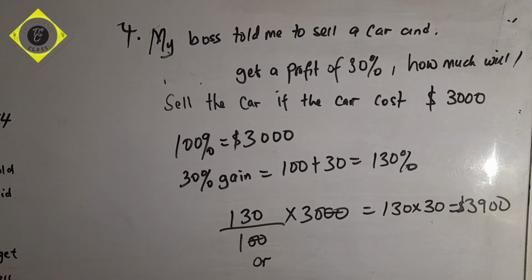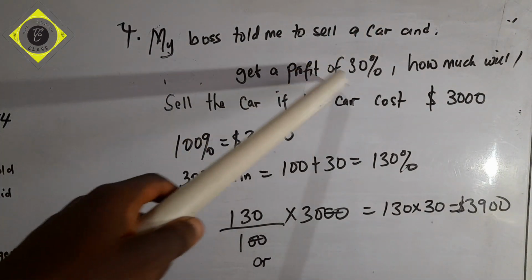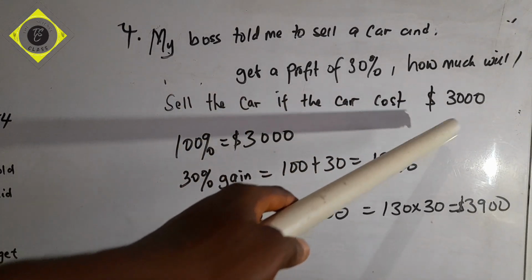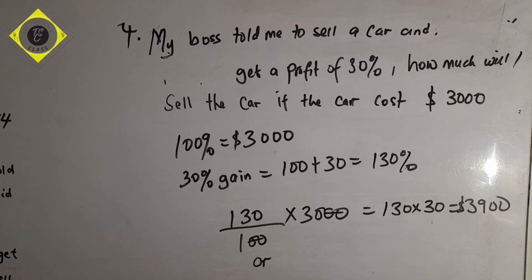So in this example, my boss told me to sell a car and get a profit of 30%. How much will I sell the car if the cost price is $3,000? Now, in the last example we solved, I told you that 100% of a number is that number itself.